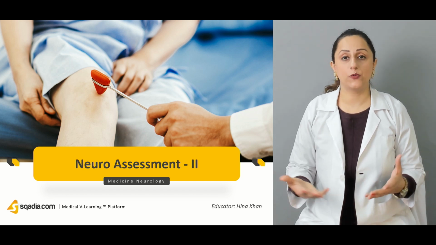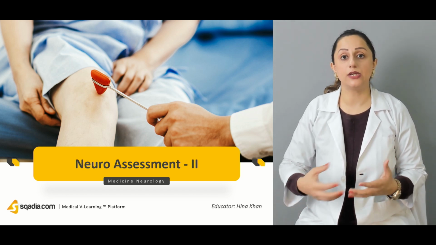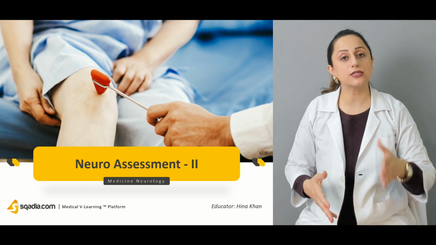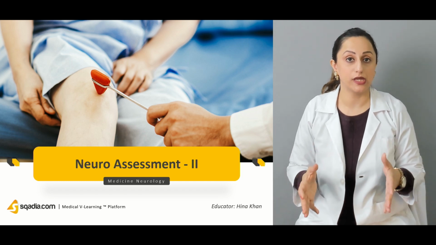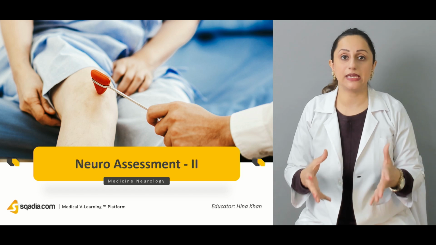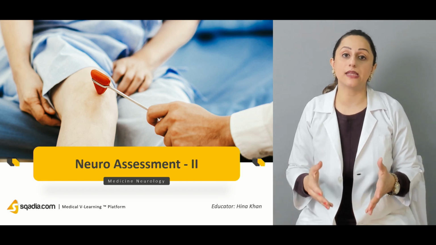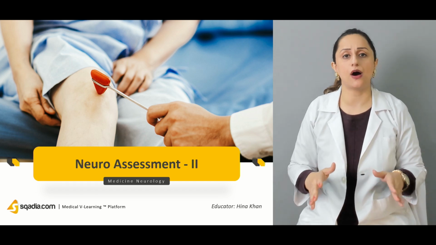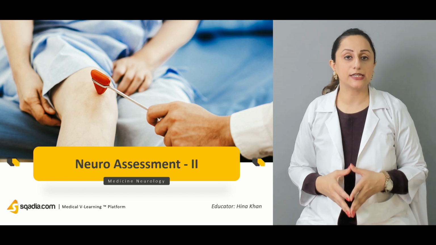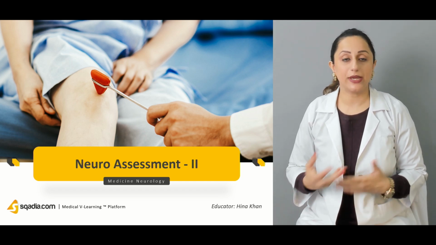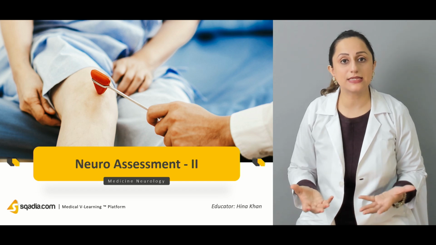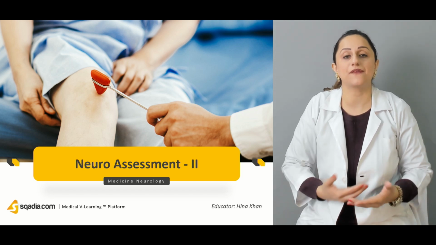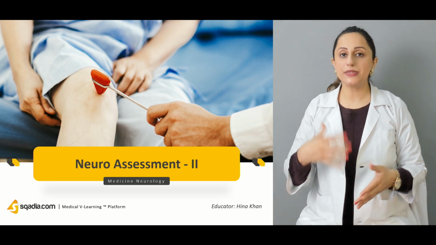Before that, we go into the explanation of the examination of the cranial nerves. You must know that we should have a strong foundation of the history, whatever the case is. Even if you suspect that this person is suffering from some sort of cranial nerve disorder, there are multiple cranial nerve disorders that you would come across as a clinician, ranging from Bell's palsy and Meniere's disease, to the different neuralgias, for instance trigeminal neuralgia.